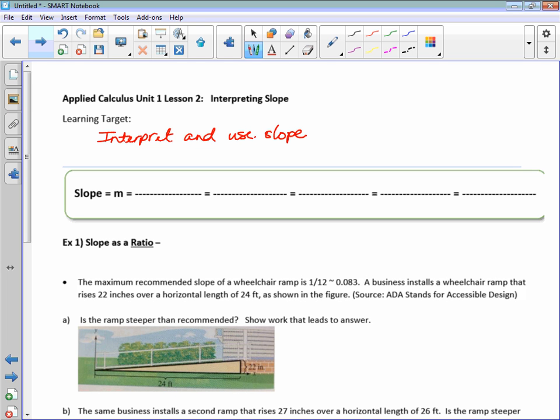So I have a whole lot of blanks here for what slope can equal. What do you guys remember about slope? Changing y over changing x. What else? Rise over run.